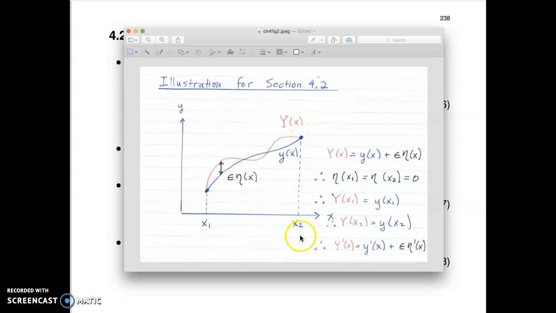Okay? And here's another kind of trivially obvious point. If I take the derivative of this equation, then I get big Y primed is equal to little y primed plus epsilon, which is just a number, a parameter, multiplied by the derivative eta primed, d eta by dx.